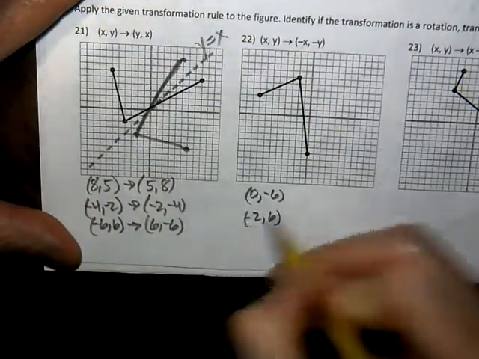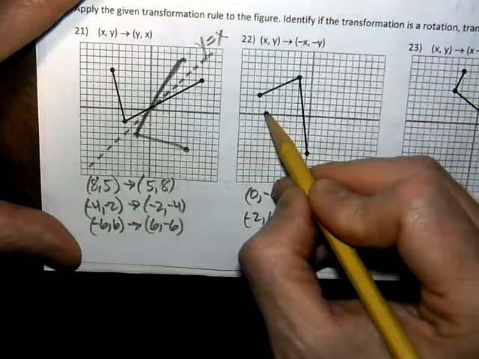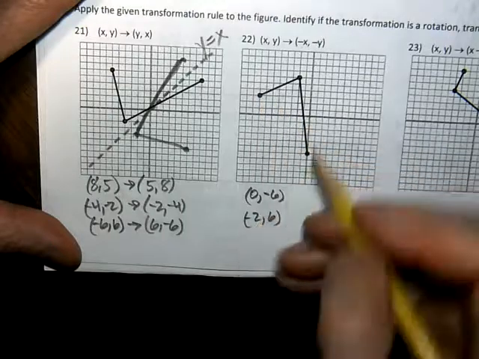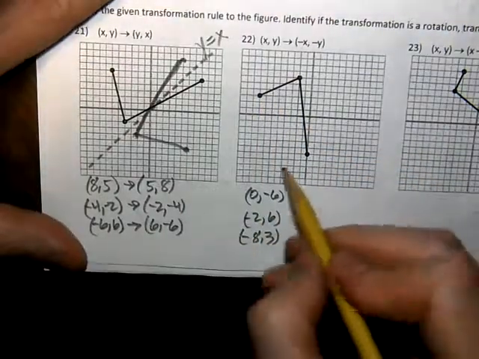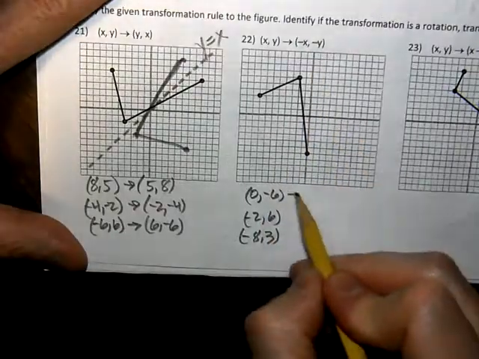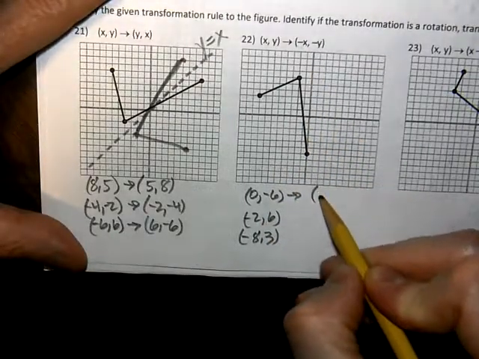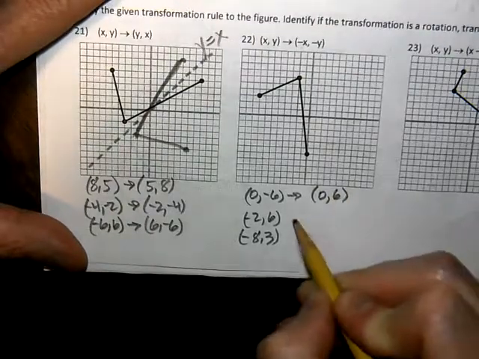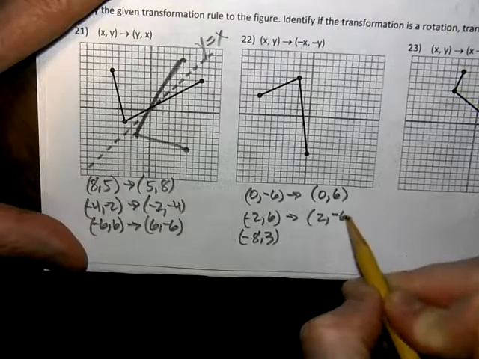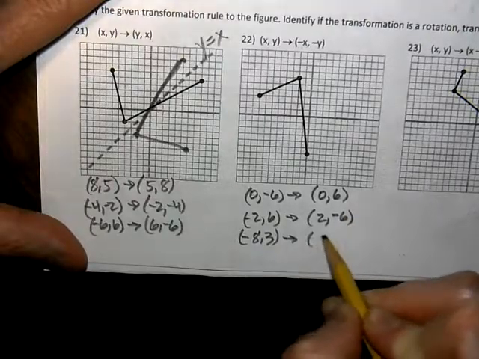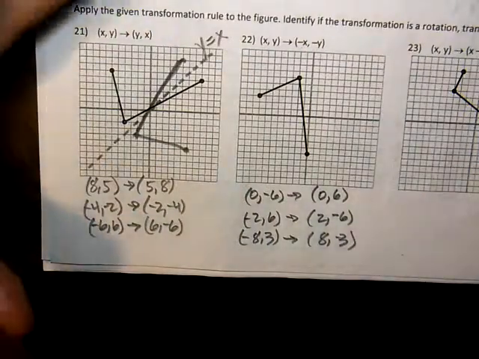Negative 2, positive 6. Negative 8, 3. So our rule is going to be to change the sign. So you still get 0, but you get positive 6. Positive 2, negative 6. Positive 8, negative 3. And we can plot those points.